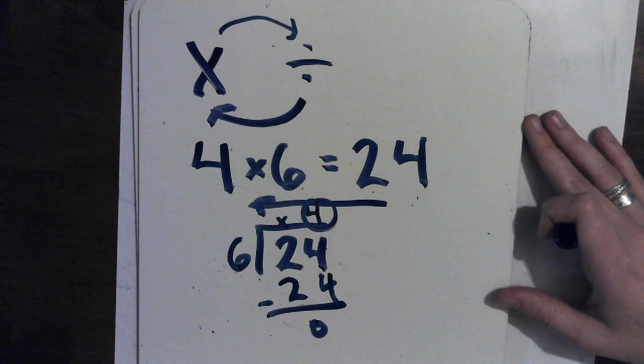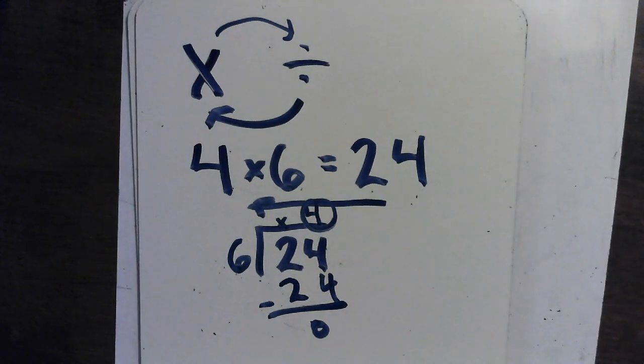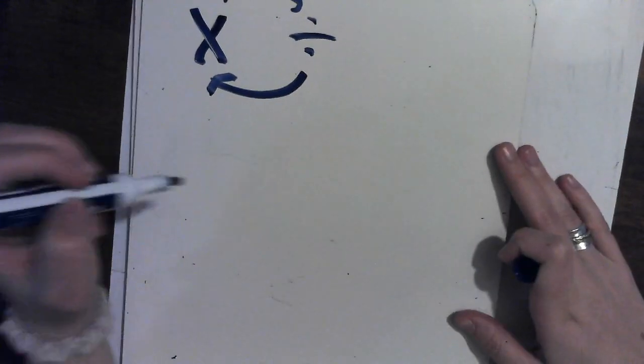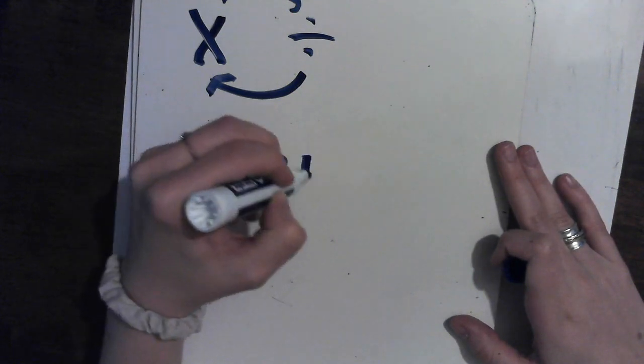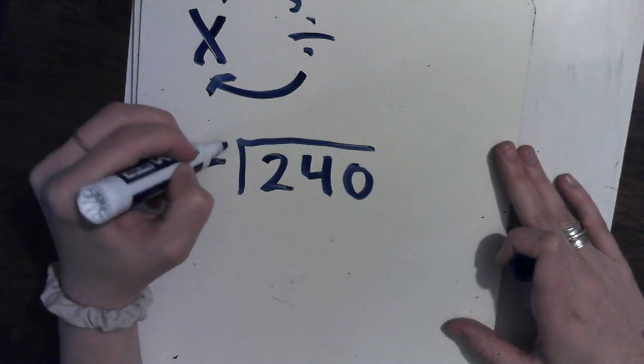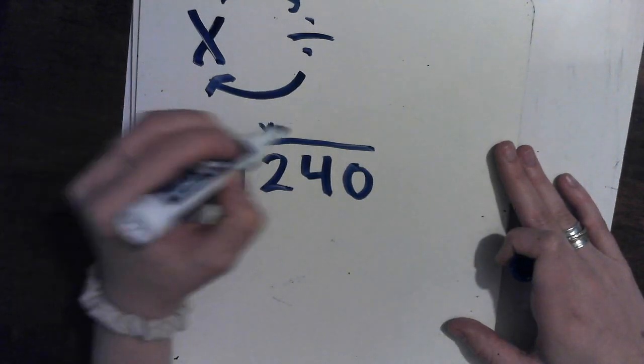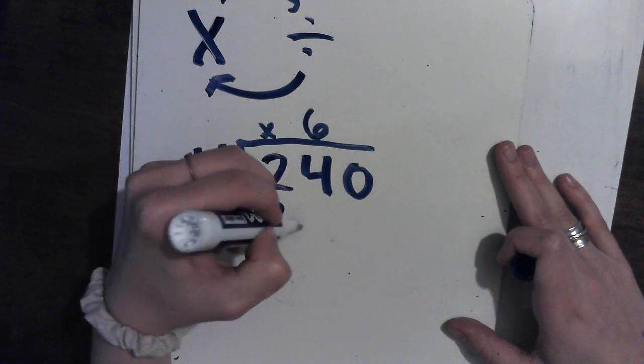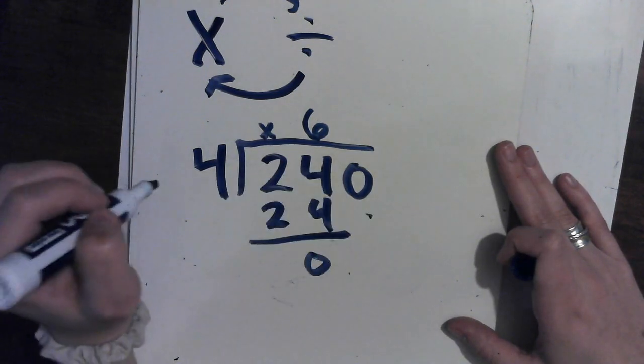And get the same answer. Okay? And then say I have division first. So say I do, let's say, 240 divided by 4. 4 can't go into 2. 4 goes into 24 6 times. I have an extra 0.